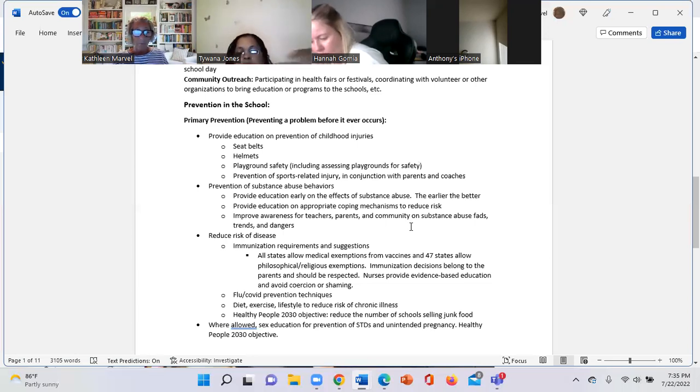Okay. The other ways we reduce risk of disease is flu shot, encouraging flu shots. Okay. Some schools, we did flu shot clinics. In the community, there's flu shot clinics all over.